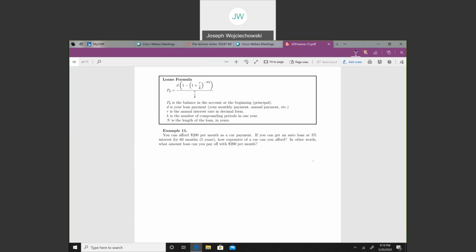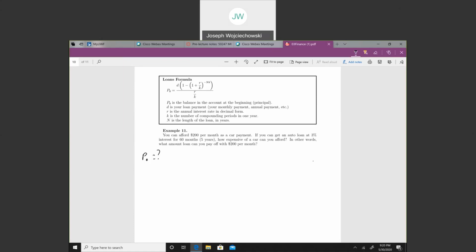You can afford $200 per month as a car payment. If you can get an auto loan at 3% interest for 60 months, 5 years, how expensive of a car can you afford? In other words, what amount loan can you pay off with 200 per month? In other words, what is our principal?